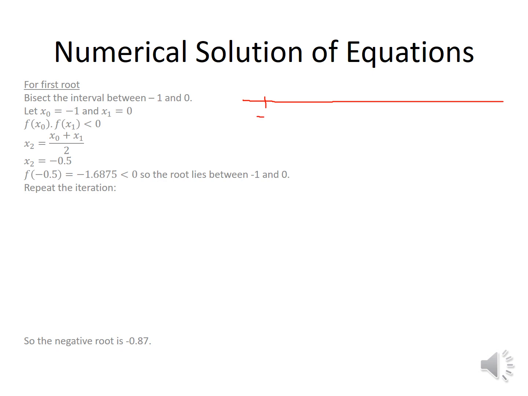We have negative 1 and 0. And from the graph, you know that between negative 1 and 0, there is a root. We label negative 1 as x0 and 0 as x1.